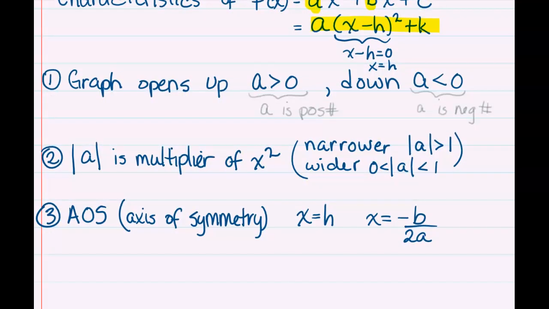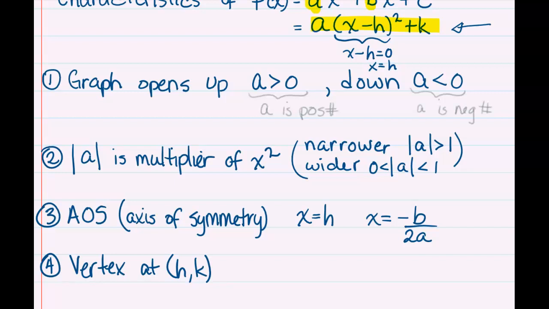Which leads me to the fourth thing we can find, the vertex. And the vertex is going to be at h comma k if we have it in this vertex form. So that's easy to find.